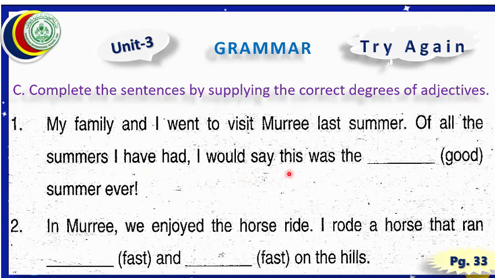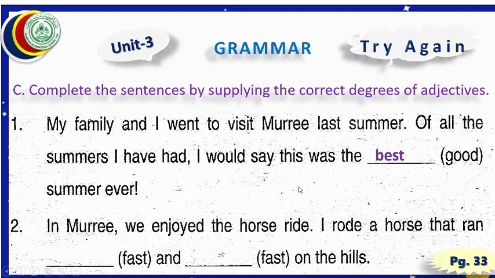One summer, the present summer, is compared with all other summers which had gone. This means we are comparing one noun with several. That is why here will be superlative degree. Superlative degree of good is best. Good is the adjective, comparative degree is better, and superlative degree is best.